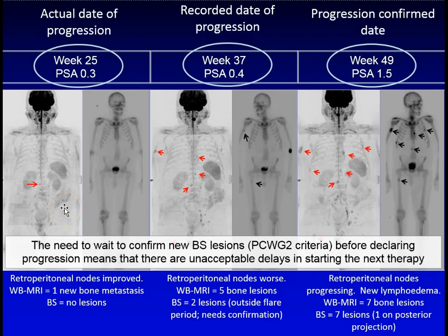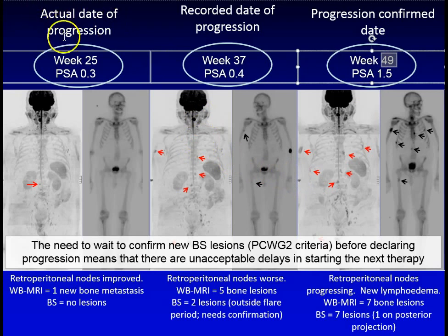So here is the follow-up. The follow-up shows that there are several emerging lesions. The previously documented MRI lesions are in fact larger. So at this point we confirm progression. That's after 49 weeks.